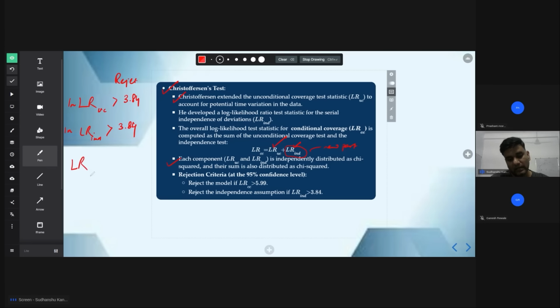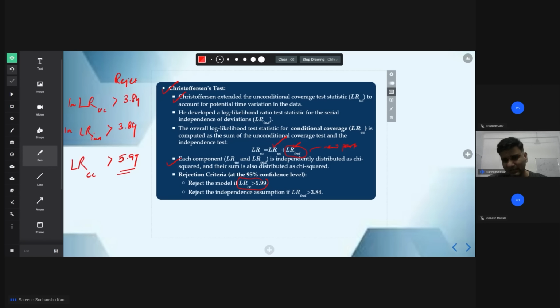If LRCC is greater than 5.99, this is your conditional coverage, and the model fails both the coverage and independence tests. Individually, LRUC and LRIND have a critical value of 3.84, while LRCC has 5.99 at the 95% level. LRUC greater than 3.84 means too many or too few exceptions. LRIND greater than 3.84 means exceptions are not independent, but clustered.